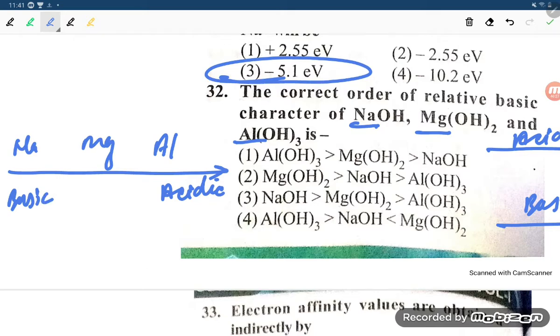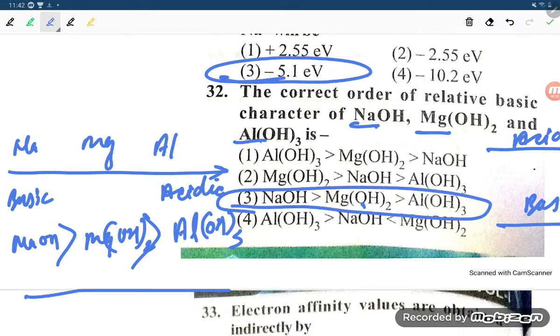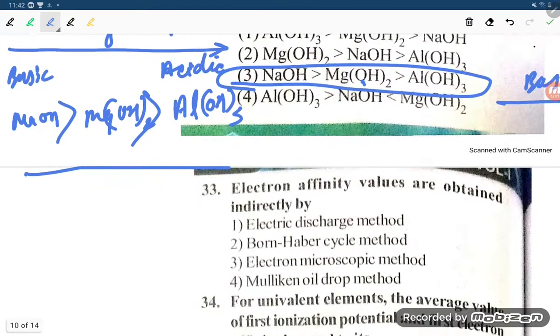So for the correct order of relative basic character, NaOH will be the highest basic, then Mg(OH)2 will come second, and Al(OH)3 will come third. The correct option will be option number 3. So question number 32, option number 3 is correct: NaOH is more basic than Mg(OH)2 and then Al(OH)3.